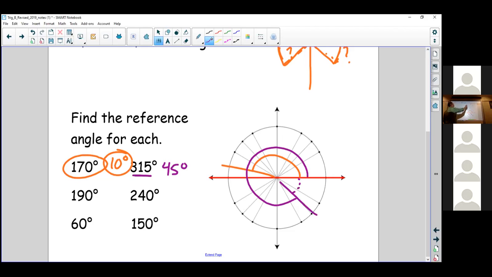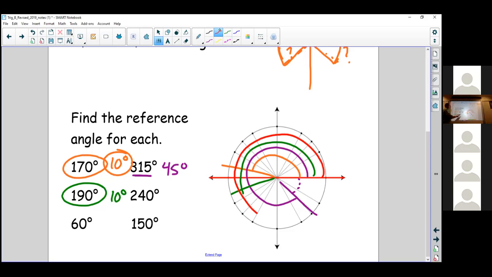190 is going to go the same type of way. So 190, we'll do in green. 190, I go here to here, that's 180, and then I come a little bit more. So that becomes 10 degrees. 240 degrees: 90, 180, 240 is down here. How far is this angle from here?